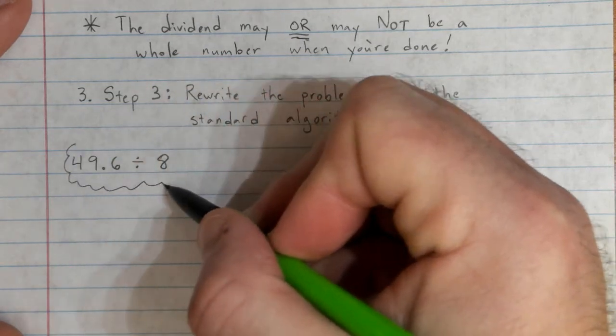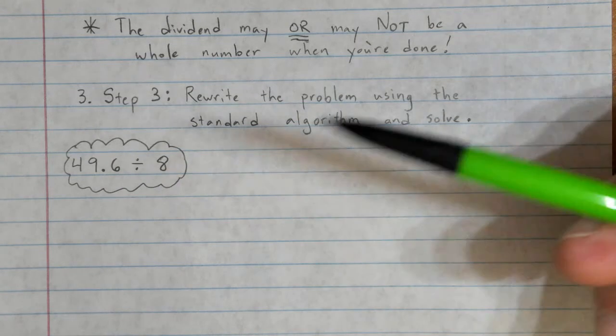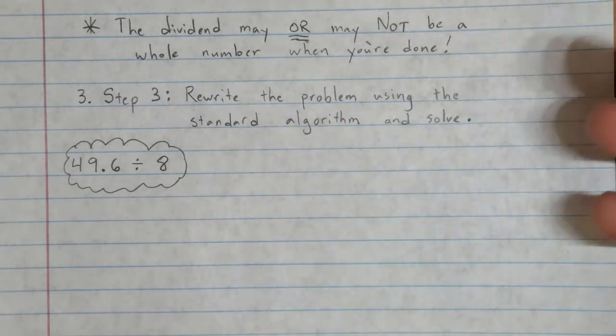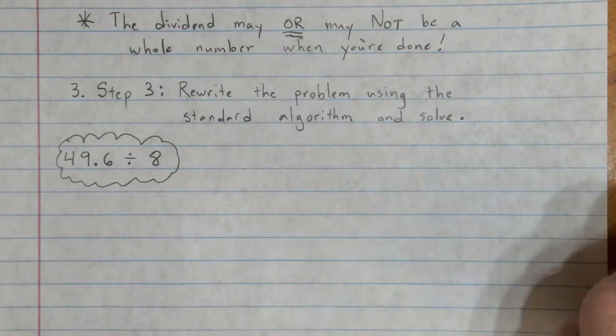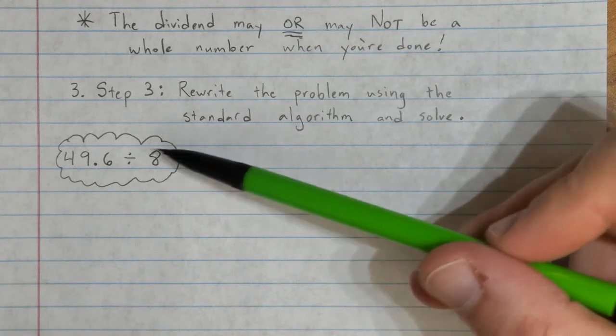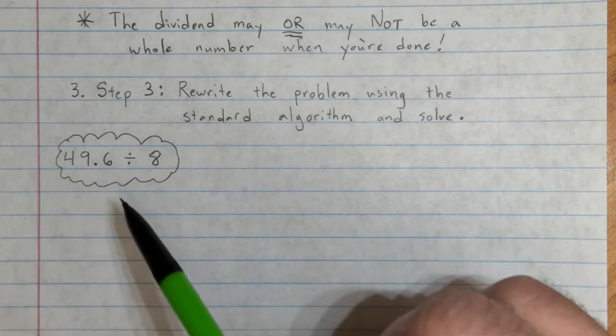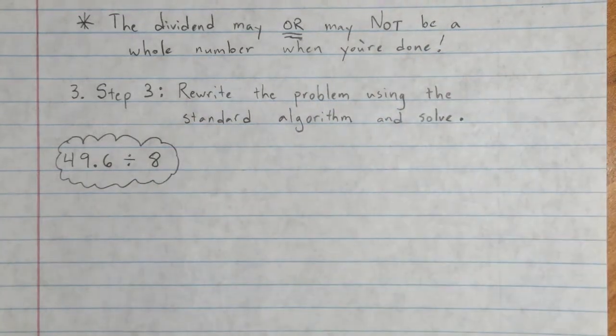The reason we're multiplying everything by 10 is because a divisor that has a decimal causes problems. It makes things messy. Thinking of dividing something by tenths or hundredths can be very complicated. But we're pretty comfortable dividing by whole numbers. So I used that multiply by 10, both parts, to turn this into a whole number.